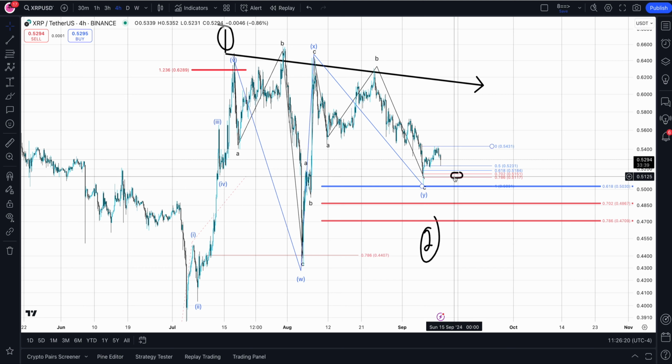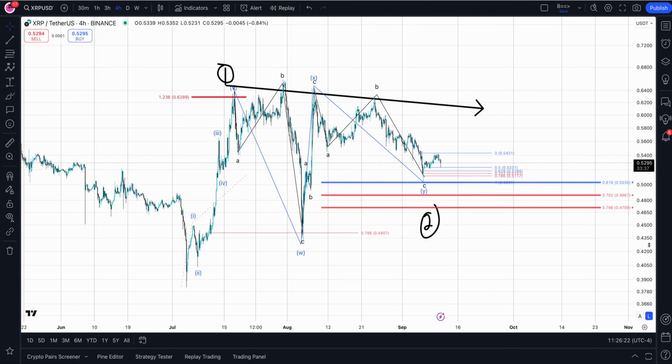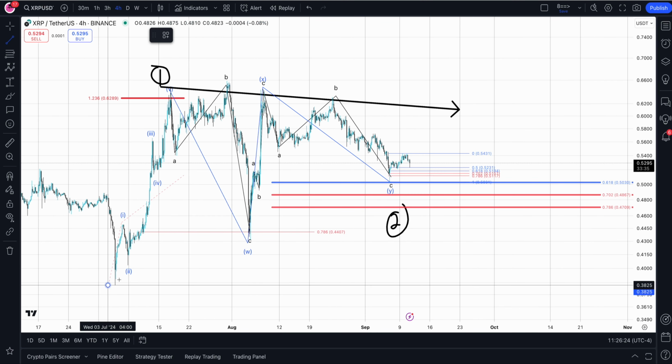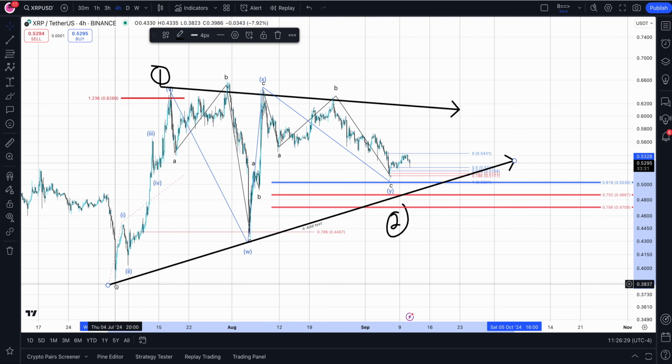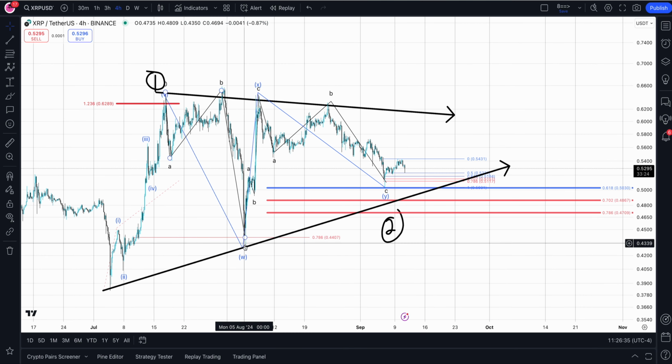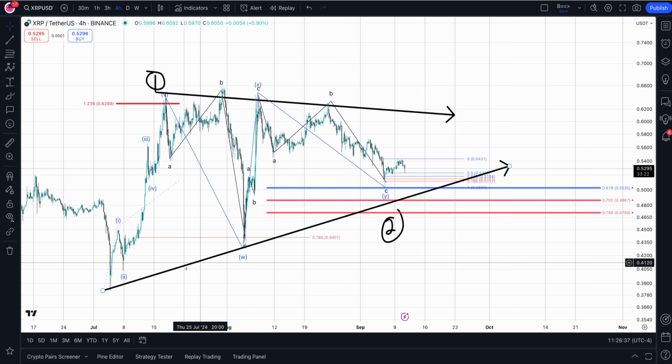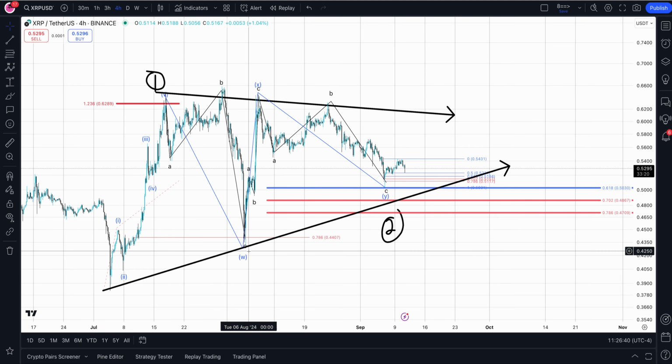Now that would actually be hitting this trendline support over here that we have been respecting. We respected it, so we hit our low here on July 4th, came back to it on August 5th, so exactly 1 month later.